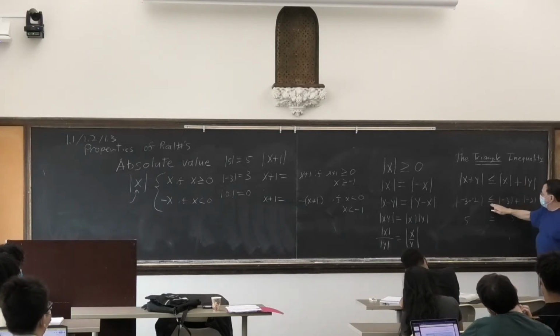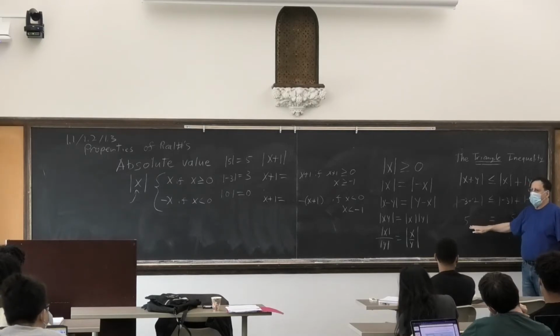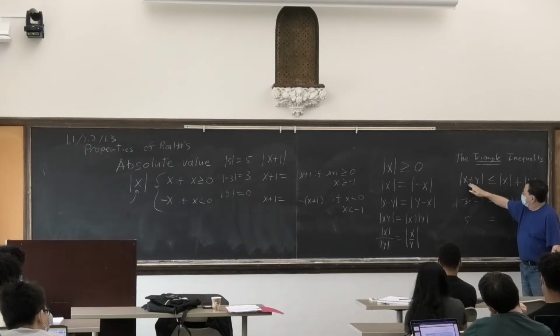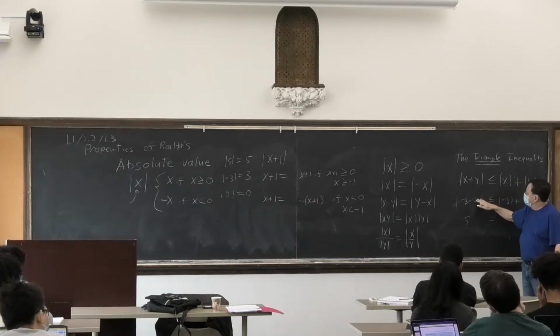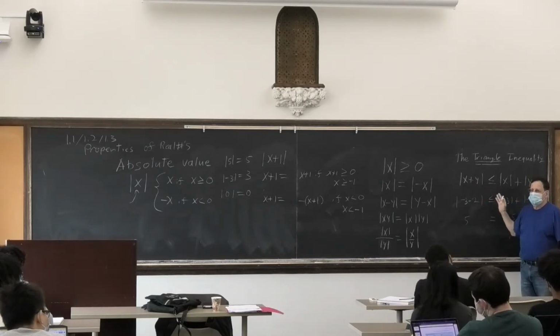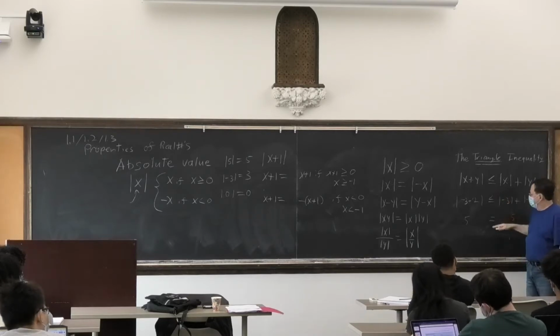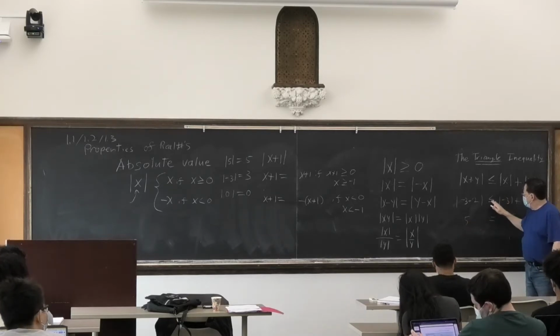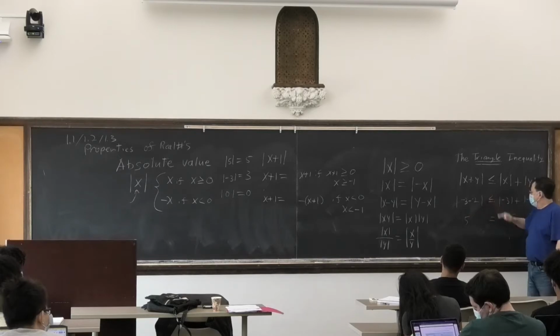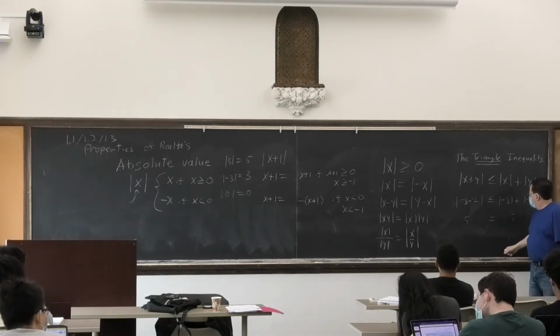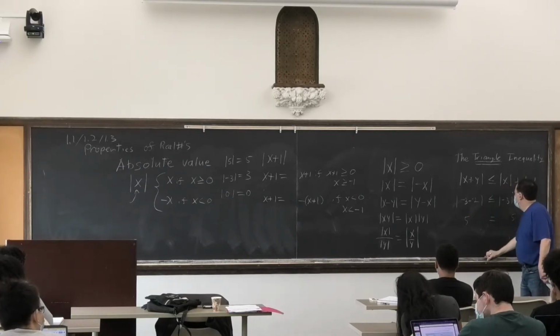So we only get strict inequality if, I guess I should say, they're both positive, they're both negative, or one of them is 0, and that's a little obvious. We only get this inequality if one is positive and one is negative. Well, how does that work?